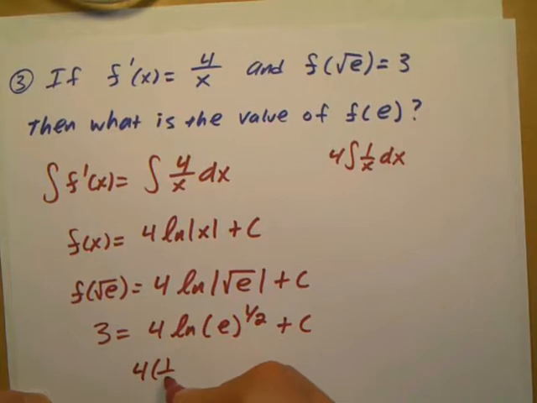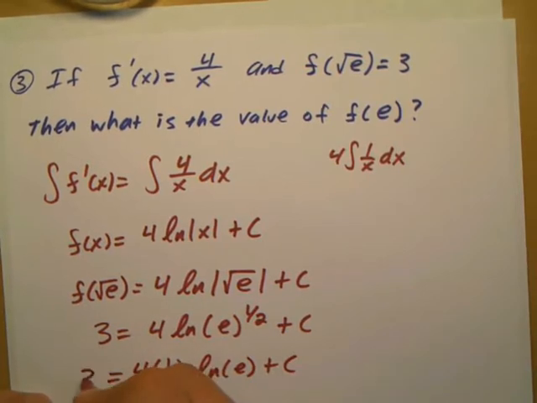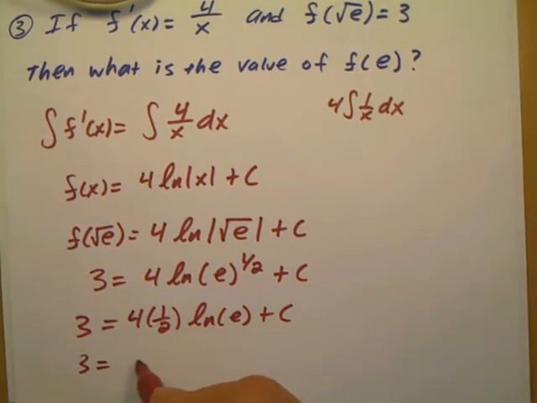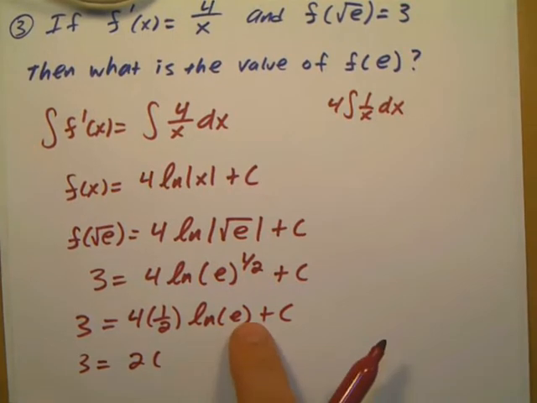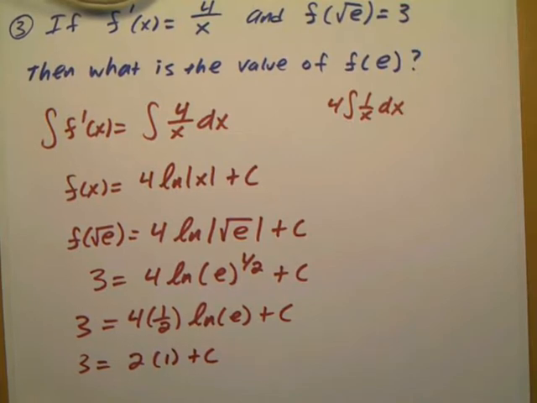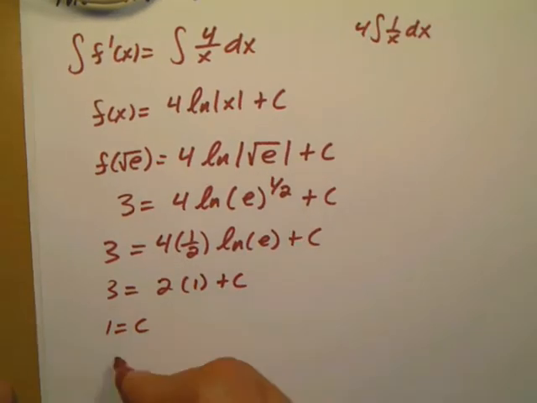So this is the same thing as 4 times 1/2 times ln of e plus c. So I'm simplifying this as much as I can, and this becomes 2. So 3 is equal to 2 times 1 plus c, since ln and e cancel each other. So really, when I solve for c, c is going to equal 1.